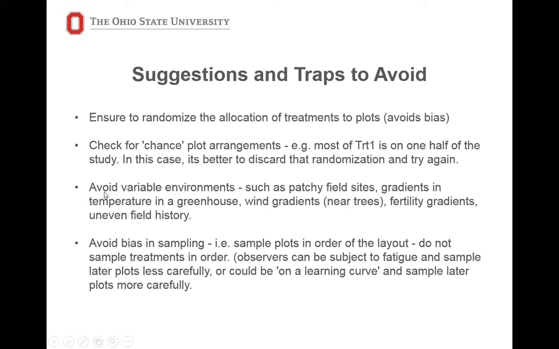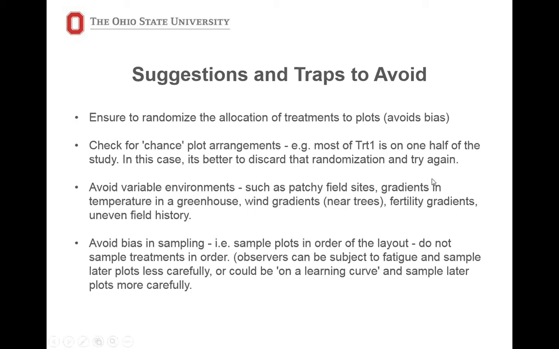As much as possible, we should try to use uniform experimental material. We should be careful in selecting our research sites. We should try to avoid patchy field sites. We should try to avoid gradients in the greenhouse. We should avoid planting our studies too close to trees where we may have a gradient in wind speed or temperature.